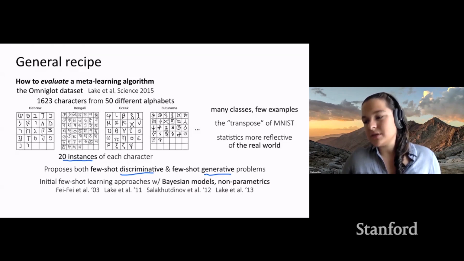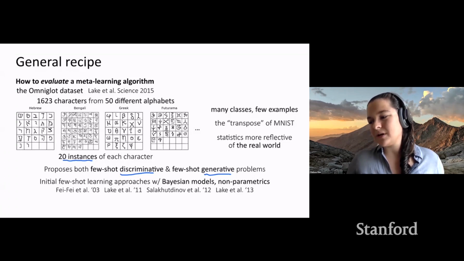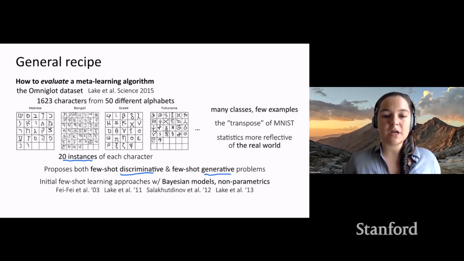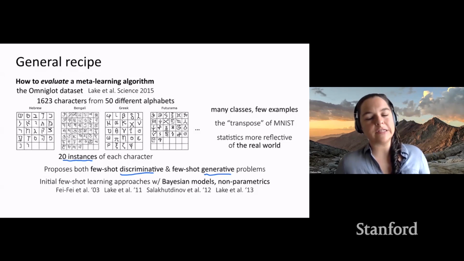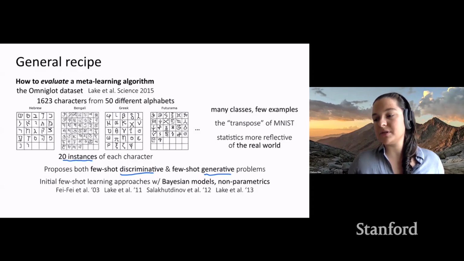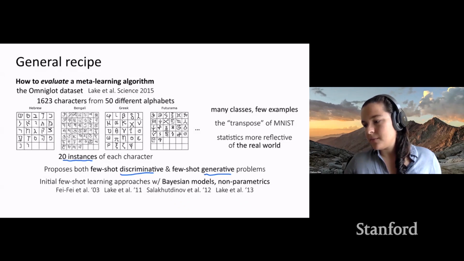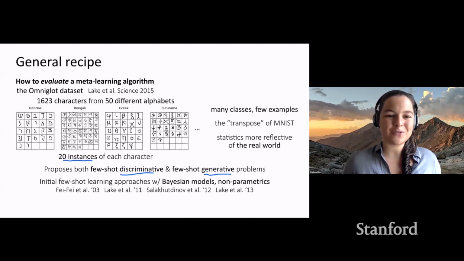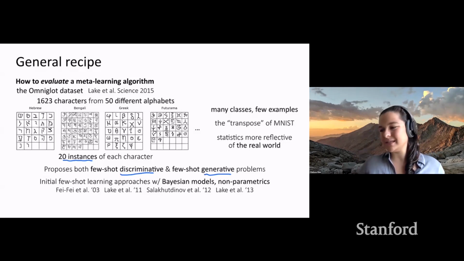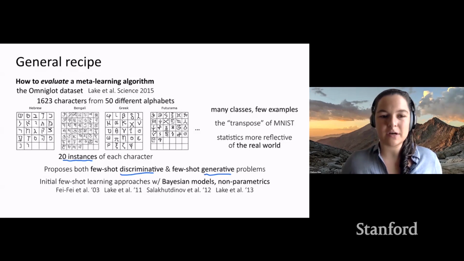The initial few-shot learning techniques around the time people were modeling characters were based off of Bayesian models and non-parametric approaches. Lake showed that these approaches can be quite good at modeling these simple characters, but they are harder to scale towards natural images and larger, more complex datasets. That's why we'll be focusing on approaches based on deep learning in this course.